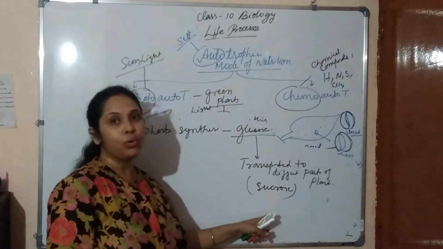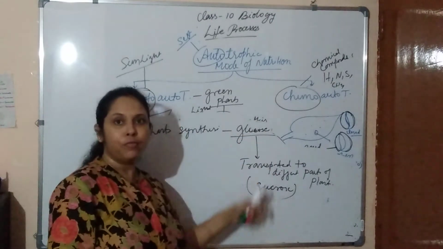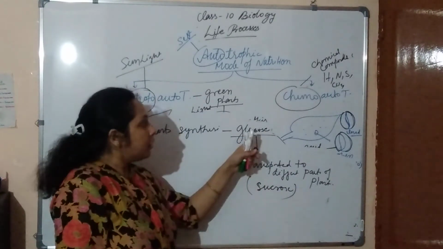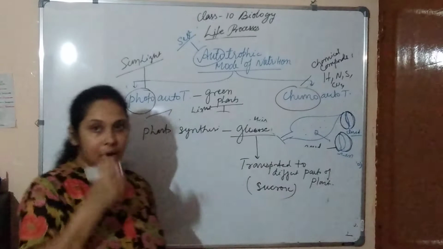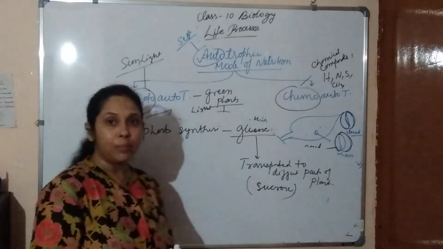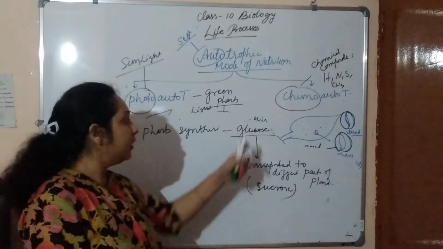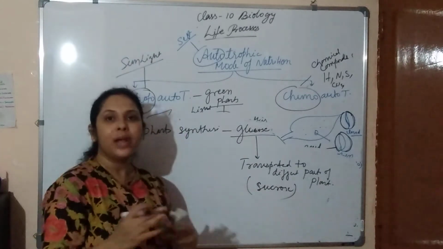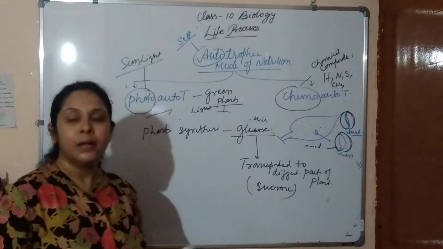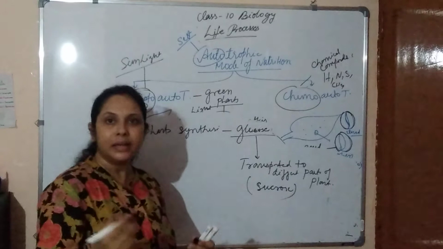And why this sucrose? Both are a form of carbohydrate. So basically sucrose is a type of carbohydrate which is more stable than glucose. It doesn't show any type of reaction with other organic or other chemicals.